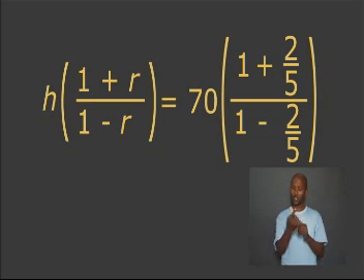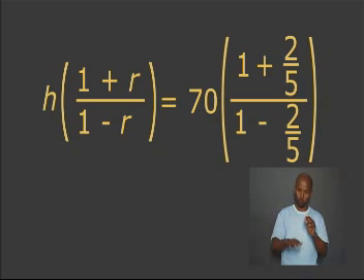Each time the ball bounces, it travels 2/5 of the distance that it fell. When we substitute the correct values, our equation becomes 70 times 1 plus 2 over 5 divided by 1 minus 2 over 5.